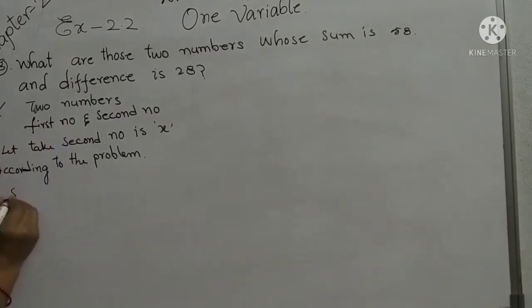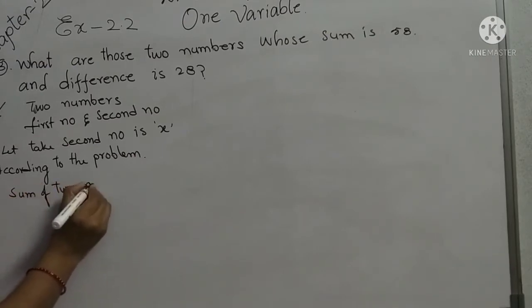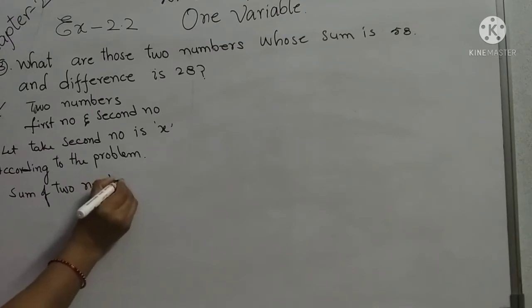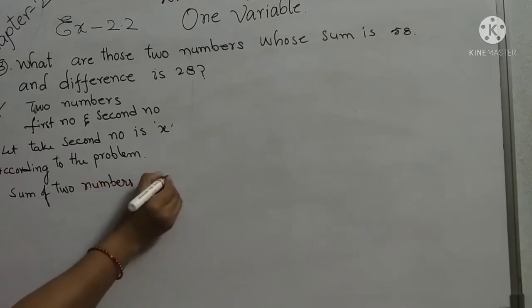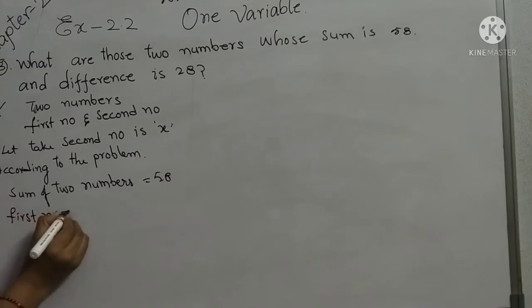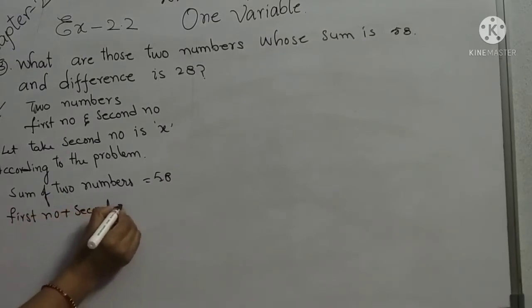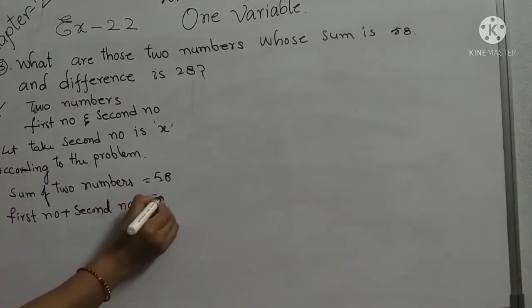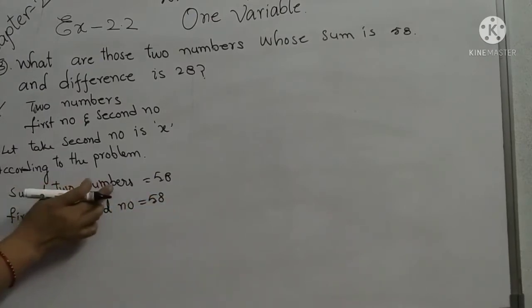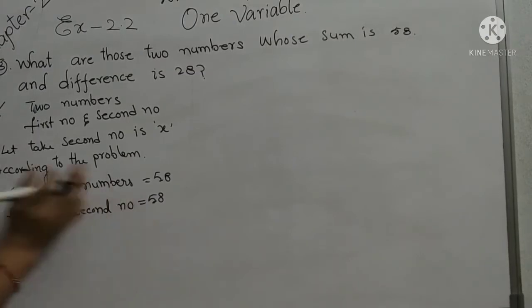So write first number plus, sum means addition, second number is equal to 58. Sum of two numbers means first number plus second number equal to 58.